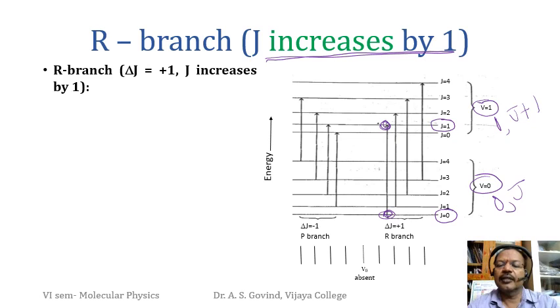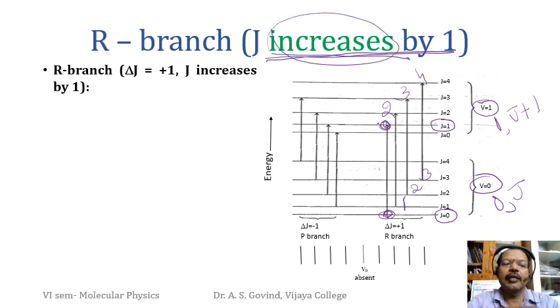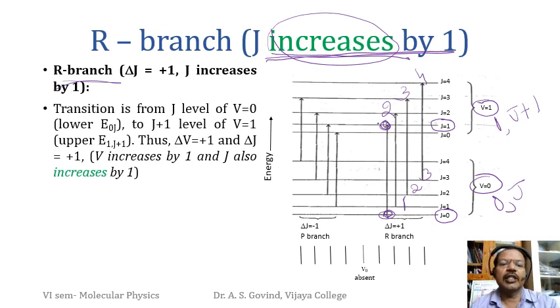So like that, similarly, J equals 1 should go to J equals 2. 2 should go to 3. 3 should go to 4. So all of them, J increases by 1. That is the R branch. So that is explained here. So notice that lower is E0J, as I have said here, and upper is 1, J plus 1.